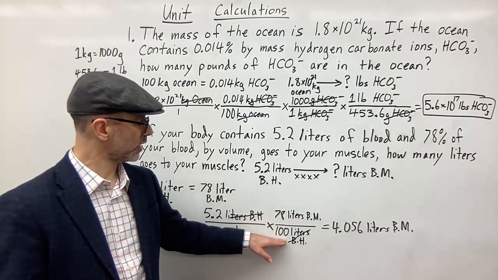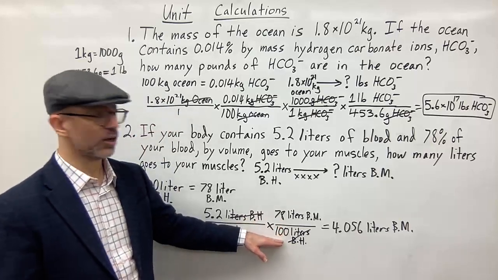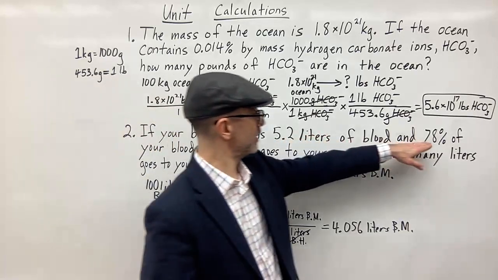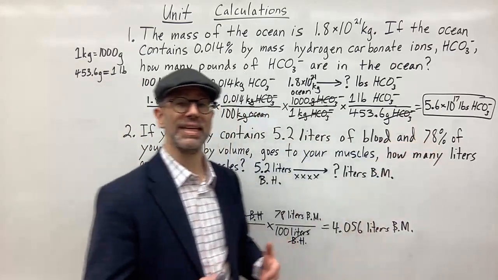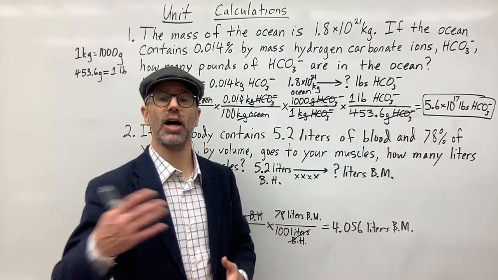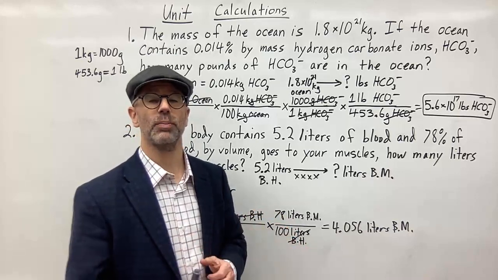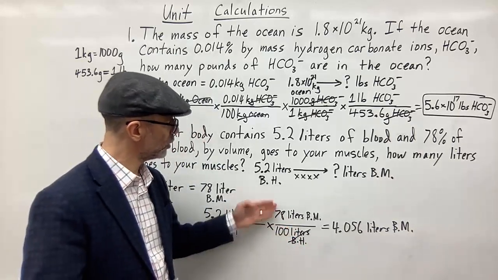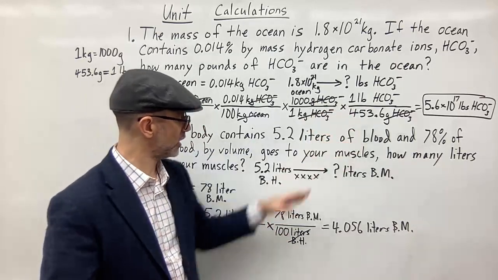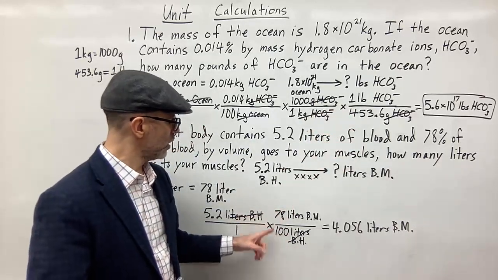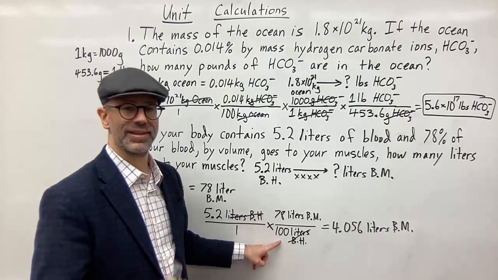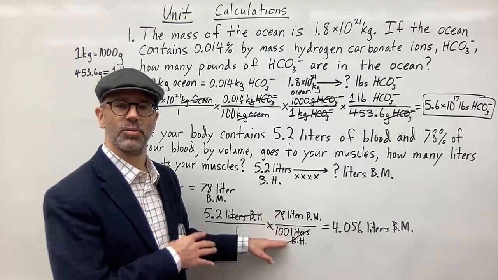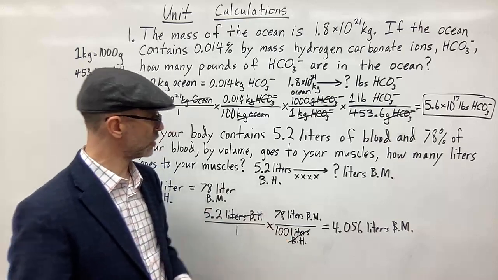We're not worried about the 100 because it actually comes from the percentage. Percent means 78 out of 100. So this 100 is just there to change the percentage into a fraction out of 100. Although it has 1 sig fig, it's ignored, so we're not paying attention to that.